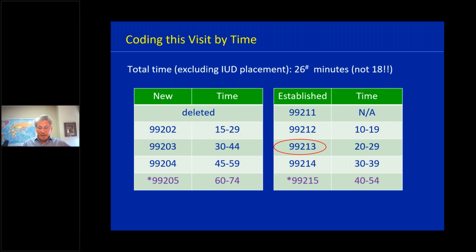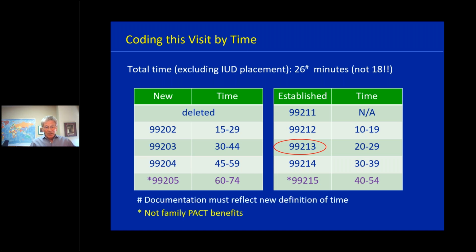Okay? That was 26 minutes for an established patient. So that's a 99213. By the way, I mentioned that it's not 18 because it was only 18 minutes of face-to-face time. But we get to count the preliminary time plus the time it takes to type the note, and that's why it's 26 minutes. So the computation of total time is a 99213 for an established patient.